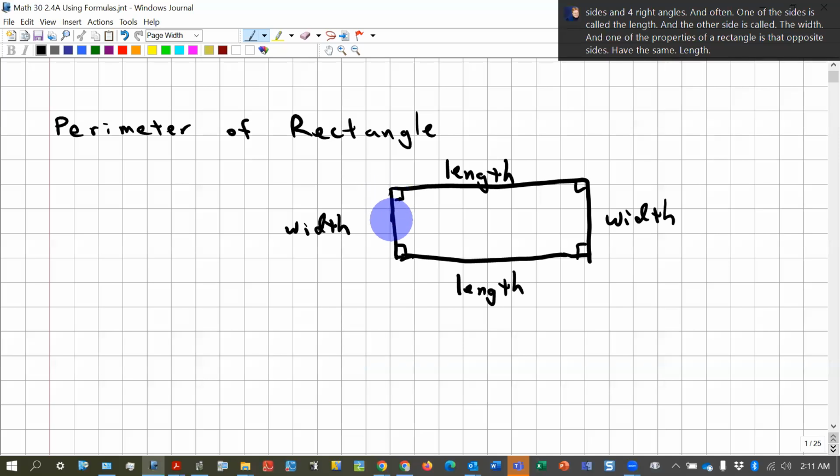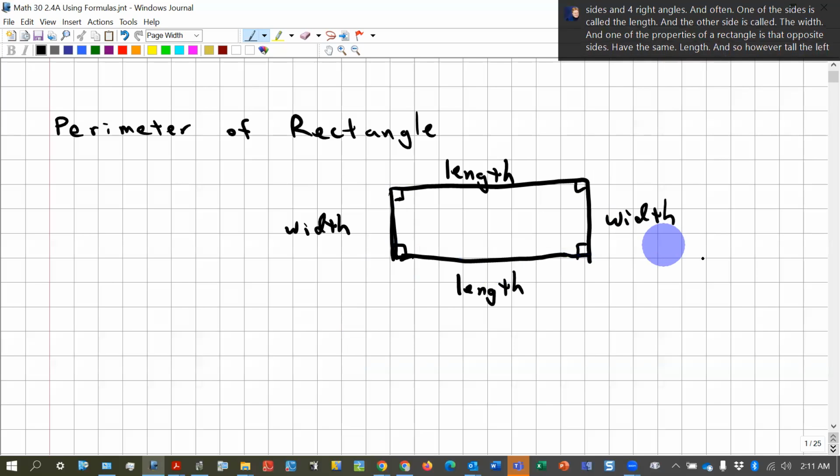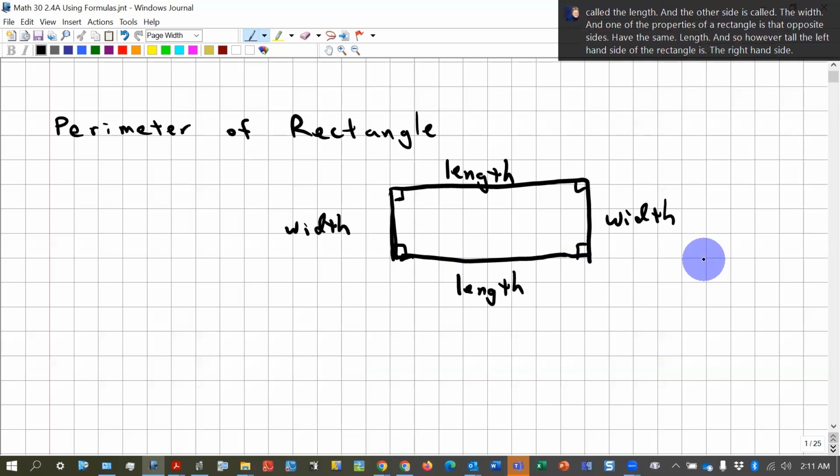And so however tall the left-hand side of the rectangle is, the right-hand side has that same height, and the bottom and the top, the way I've drawn the picture, they have the same height.